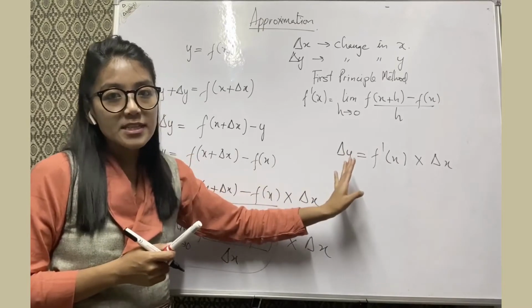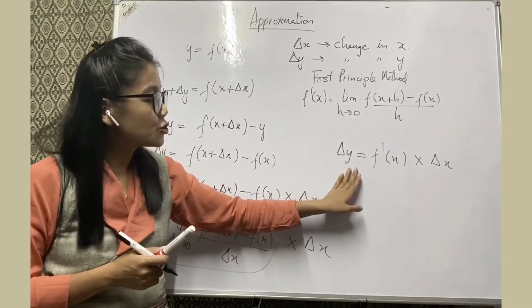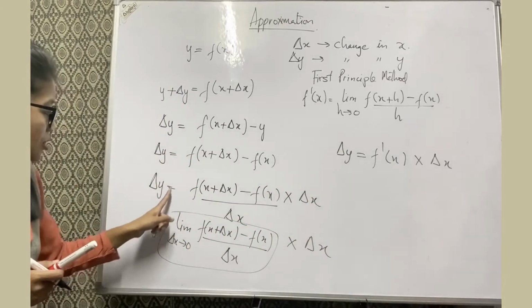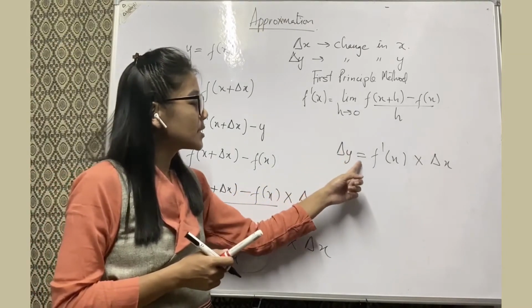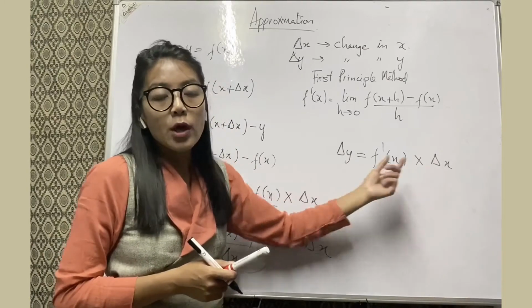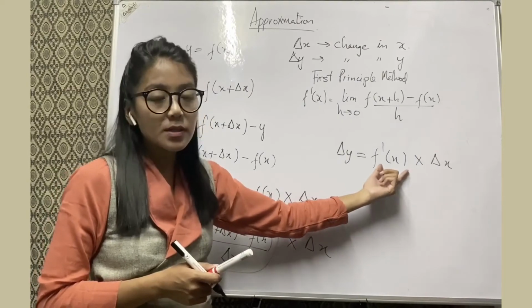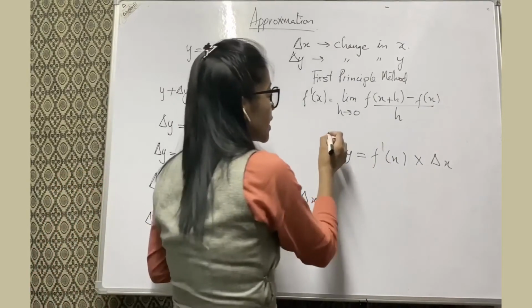So the corresponding change in y is, now this is an approximation, so here instead of the equal to sign, you can use the approximate sign. So delta y is equal to f dash x into delta x. This is how we can find the corresponding change in y using the first principle concept and derivative.